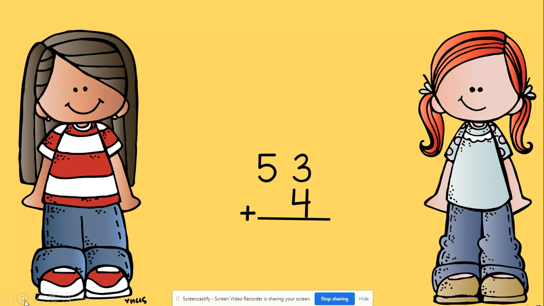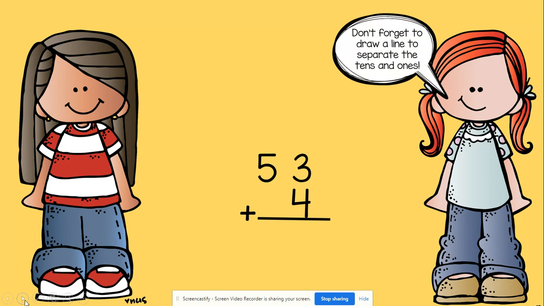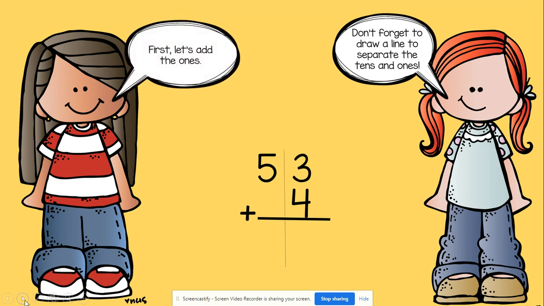Let's get your whiteboard ready again. Write this one down. And what are we going to do? We're going to draw a line down the middle. First, let's add the ones. 4 plus 3. 4, 5, 6, 7.